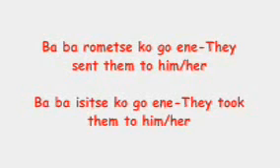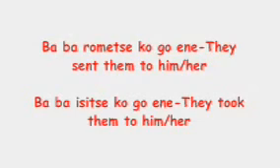So now, if you have to say they sent them, for instance, you would say ba ba rumetse go go ene, ba isitse go go ene. The first sentence means they sent them to him or her. They took them to him or her.